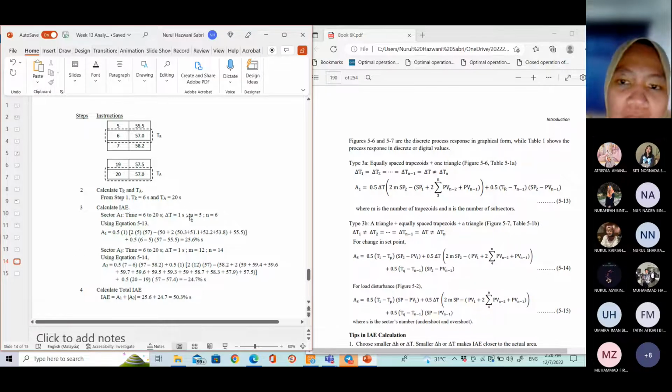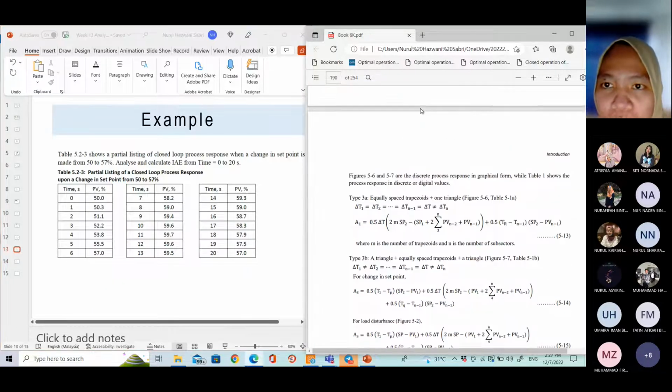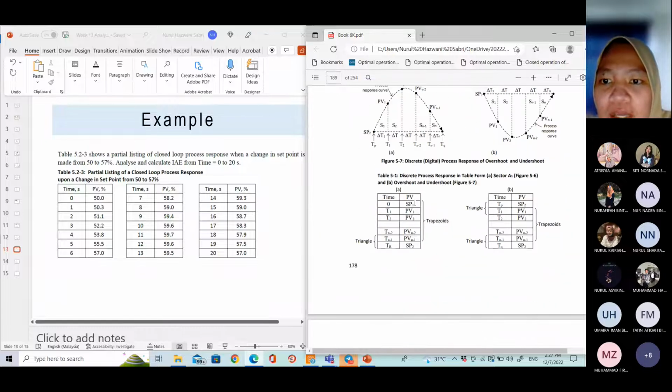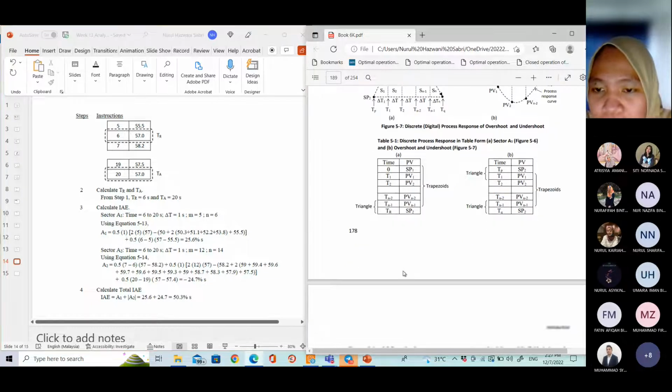So next is M, which is your trapezoid. Okay, so from the example, you boleh tengok the last one, which is for the sector A1, yang increment tu, basically the triangle would be the last subsector lah. Okay, so you ada 6 tolak 1 for the triangle.